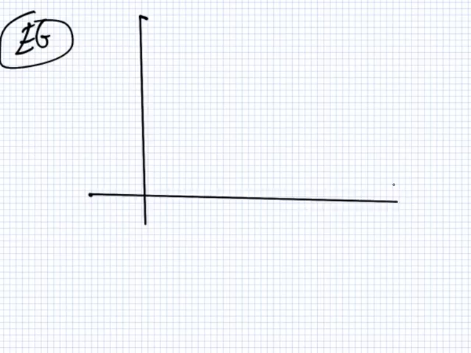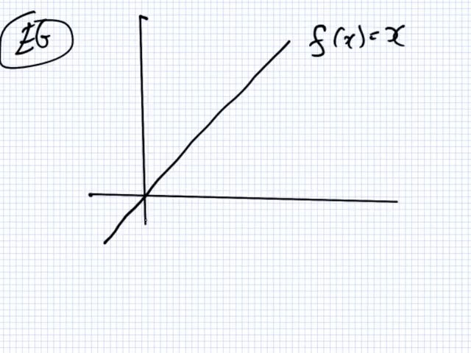Let's pick a very, very simple function, a straight line like this. This is simply f(x) equals x, and I want the area from 0 to 1.